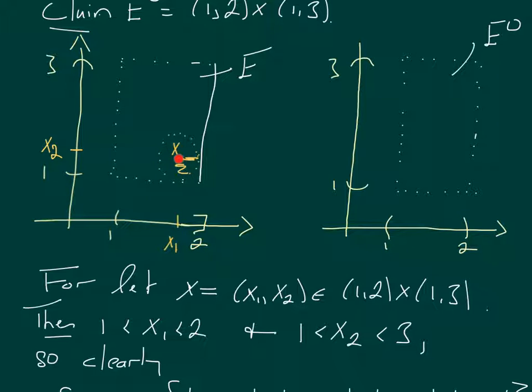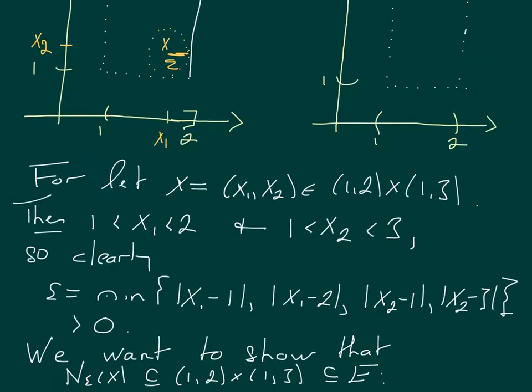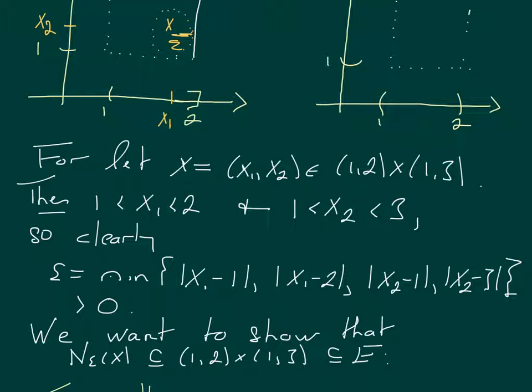Well, it was supposed to be the shortest distance between this point and this point, which you'll notice is the distance between x1 and 2. This point and this point, which is the distance from x1 to 1. This point and this point, which is the distance from x2 to 1, and this point and this point, which was the distance from x2 to 3. So in other words, we wanted to take our epsilon here to be equal to the minimum of these distances that we see here.